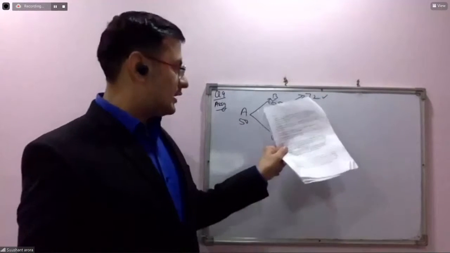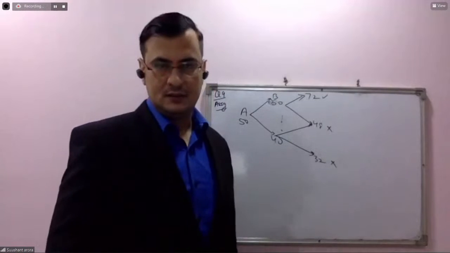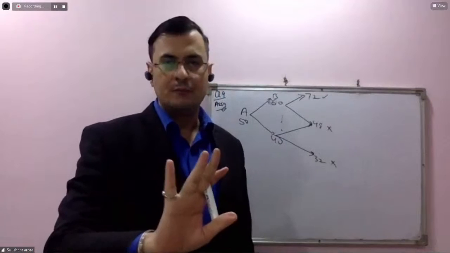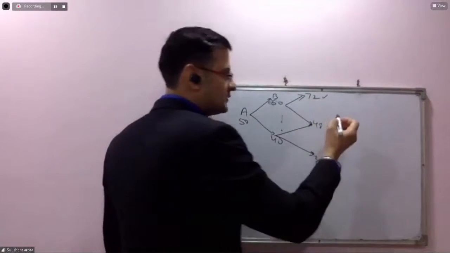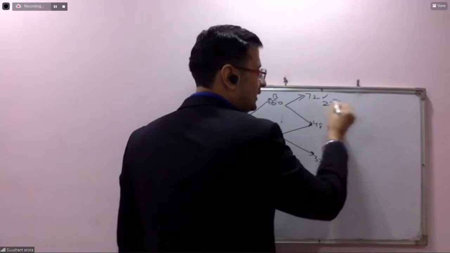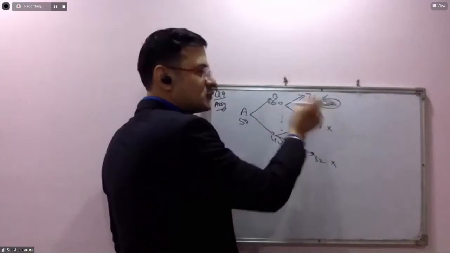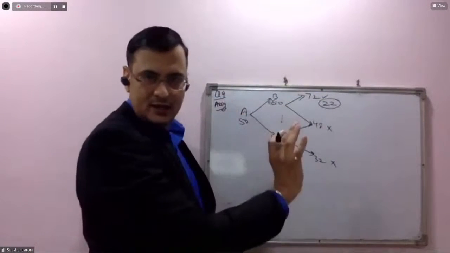If I exercise this option, how much profit will I make? Let's leave the premium right now. What is the amount of profit that I will make by exercising this option? 72 minus 50 is 22.